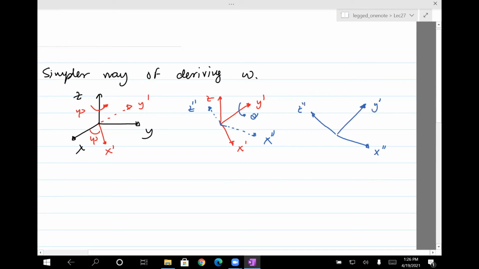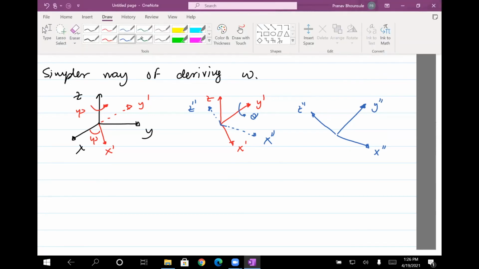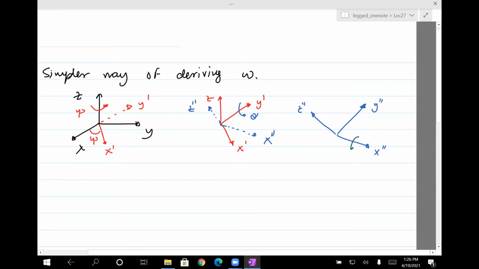And the final rotation is about the X-axis, counterclockwise. So we'll end up with something like this: Y triple prime, Z triple prime, and that rotation is phi. Okay, so we've got all these rotations.